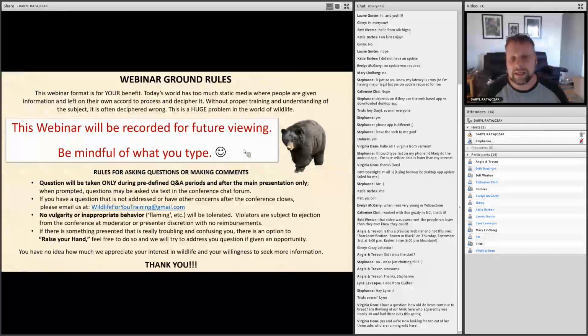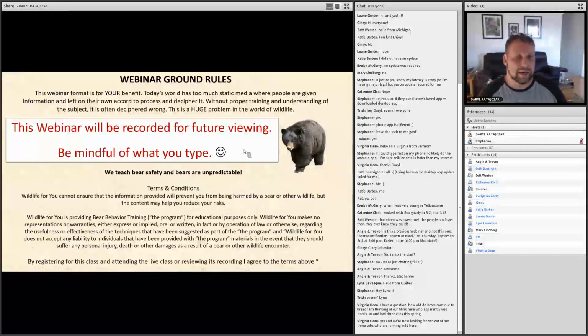But here's another thing: we're going to be talking about black bears and brown bears, otherwise known as grizzlies. A lot of different behavioral differences, how you react sometimes if you ask questions. Just understand that all bears are individual animals, and we can tell you what typically happens, what their behavior is, but there's no guarantee.